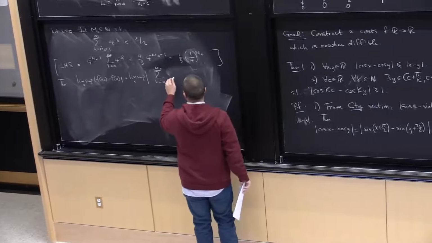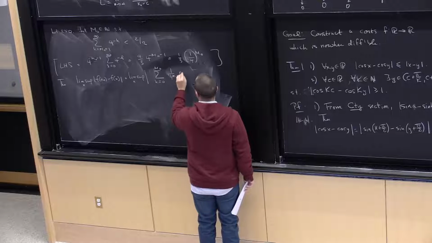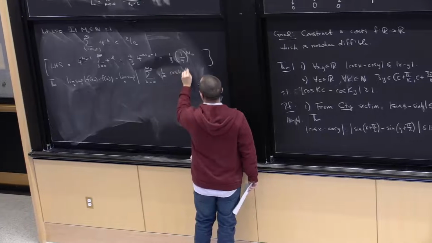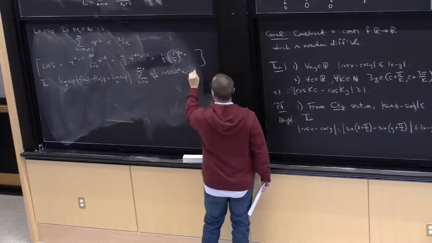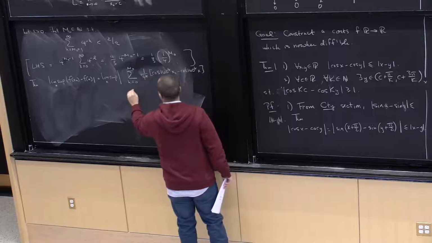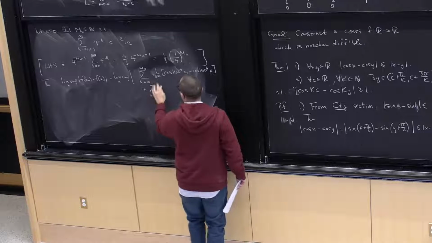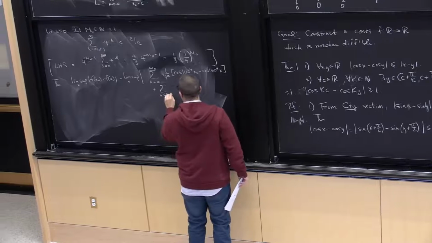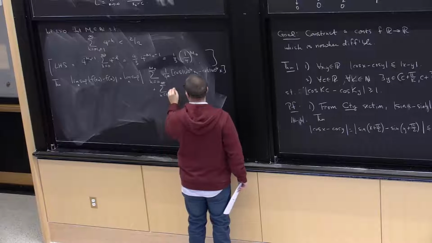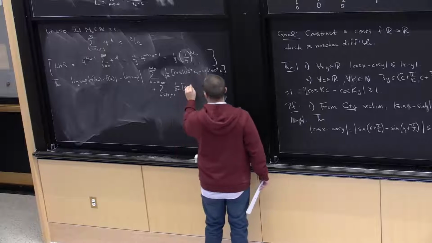This is equal to the absolute value of the sum of 1 over 4k times cosine 160k xn minus cosine 160k x, plus the sum from k equals m0 plus 1 to infinity of 1 over 4k, same thing.